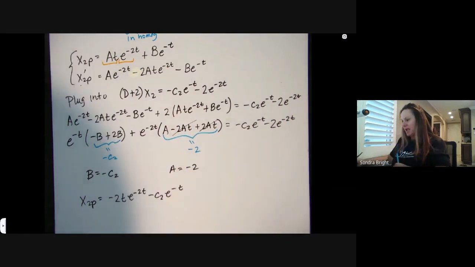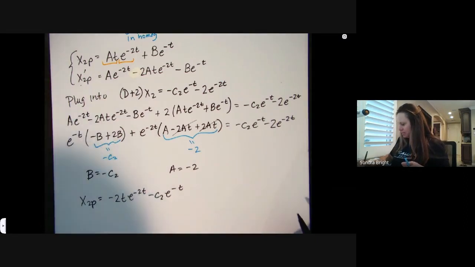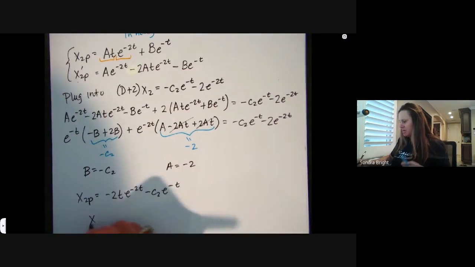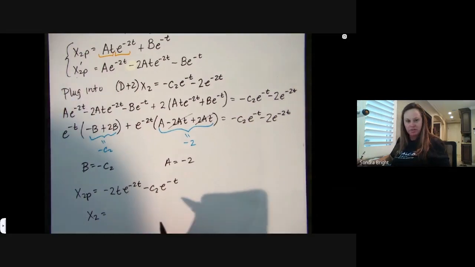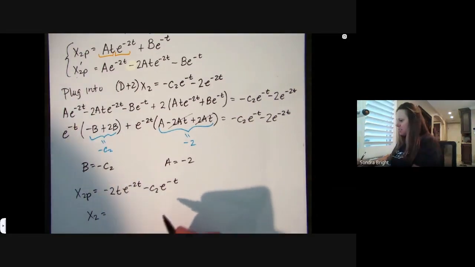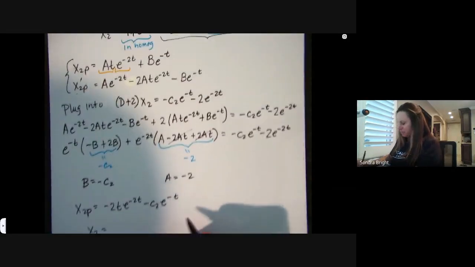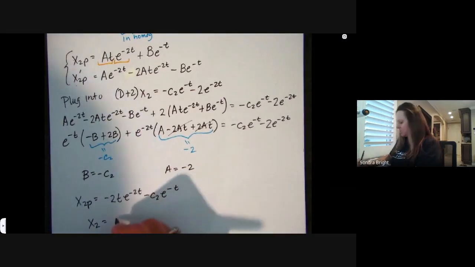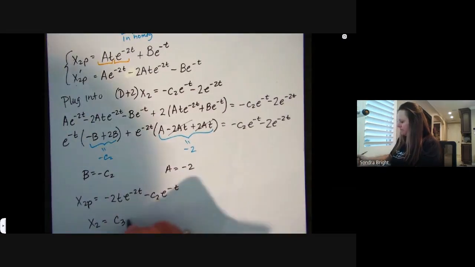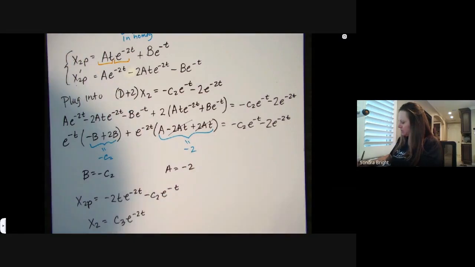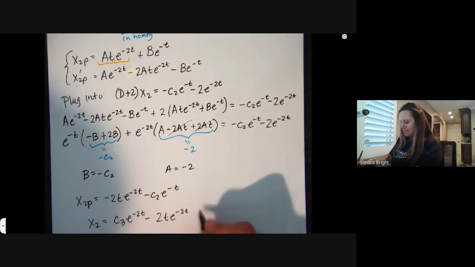Now one last step, x2 is going to be the homogeneous part plus the particular part, right? And our homogeneous part was c3 e to the negative 2t, and then plus the particular part, so minus 2t e to the negative 2t minus c2 e to the negative t.